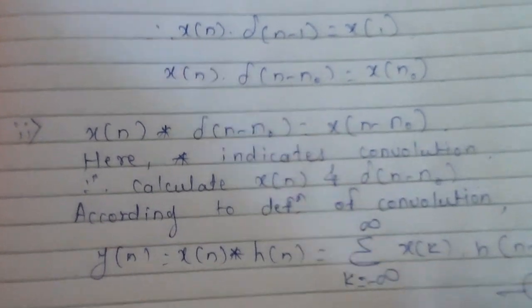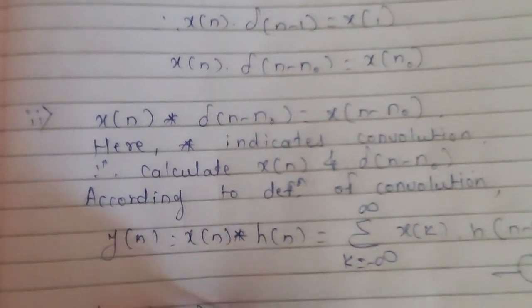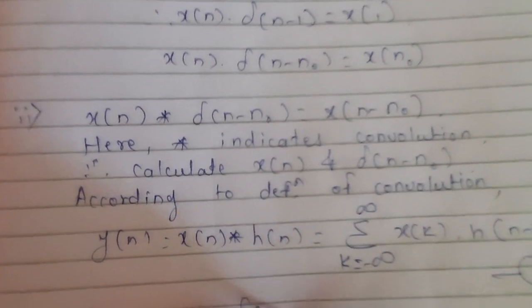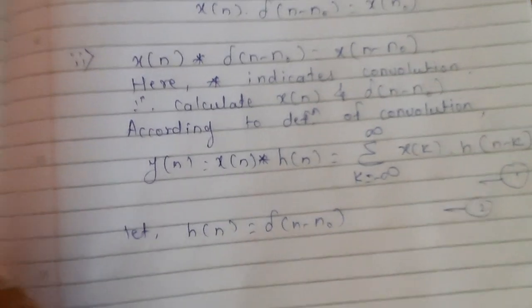This is equation 1. So consider here, let h of n is equal to delta of n minus n0. This is equation 2. So we assume two sequences.